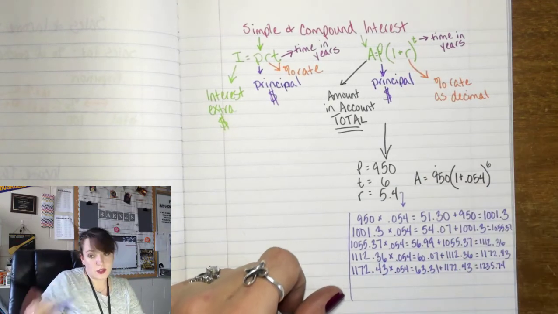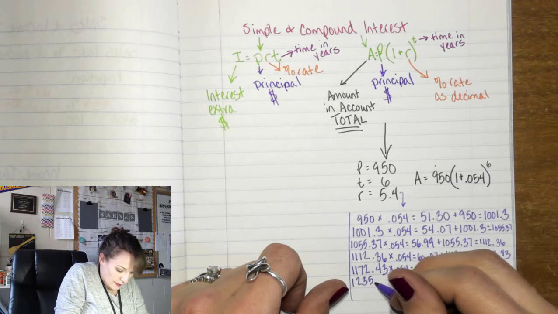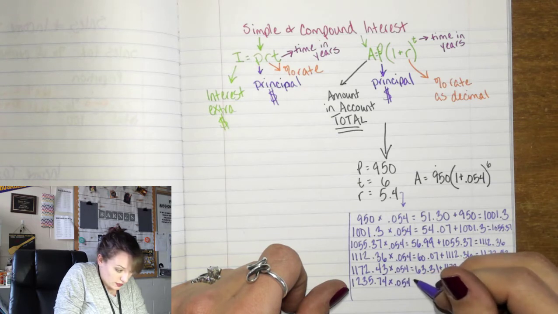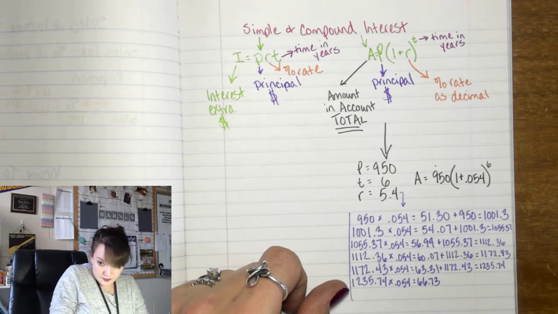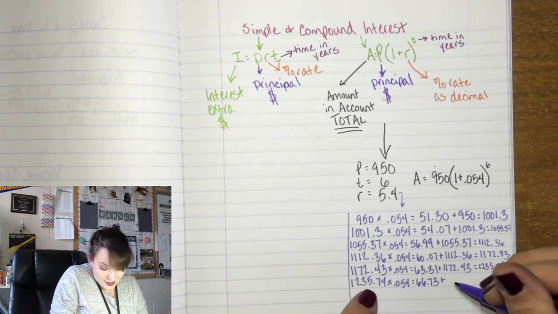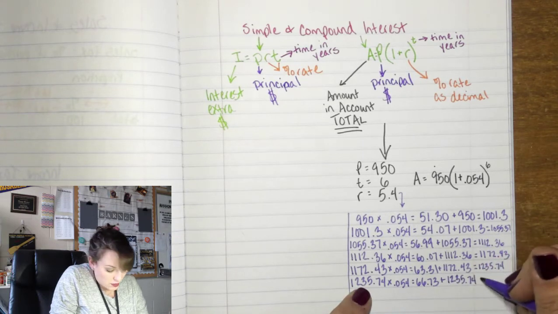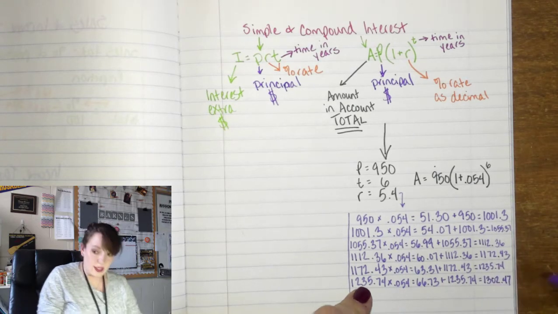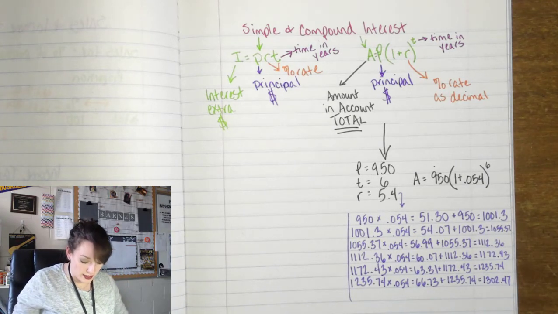But I have 6 years, so I do it one more time. 1235.74 times 0.054 equals $66.73. I add that to what I had at the beginning of the year, and I get a grand total of $1,302.47.